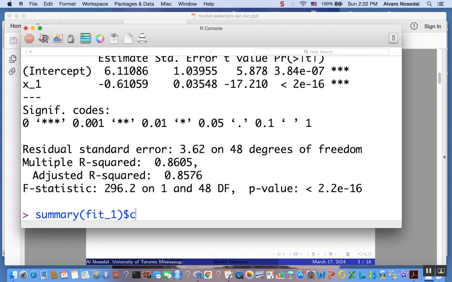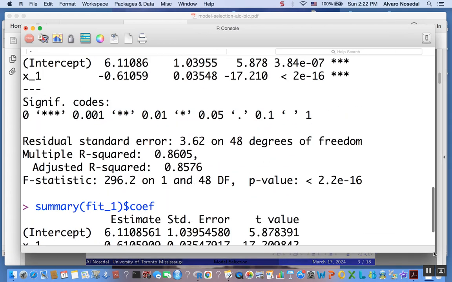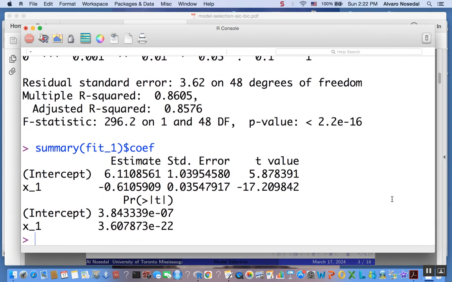So since you want to pay attention to the coefficients, this is going to give you just the part that we're really interested in here, which is the t-test. Let me do this so we can see the results better. You know that here on the first column you'll have the estimates. So this is the estimate for the y-intercept, this is the estimate for the slope parameter, beta 1.